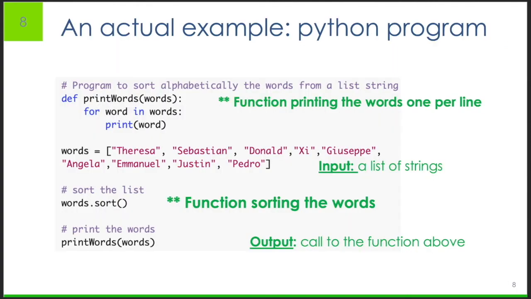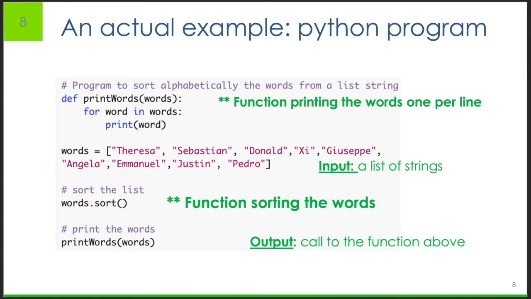Examples are probably easier to understand, so we will see here an actual example in Python, a very simple Python program. You don't need to know Python to understand this program. A basic knowledge of any programming language would do.